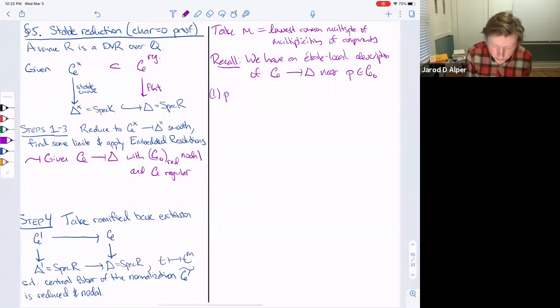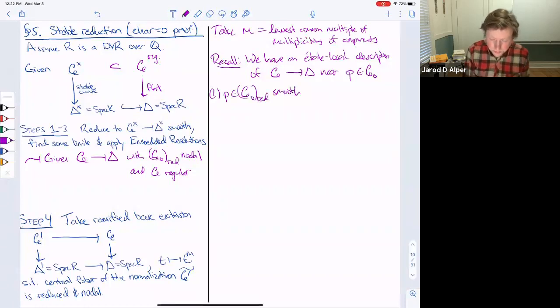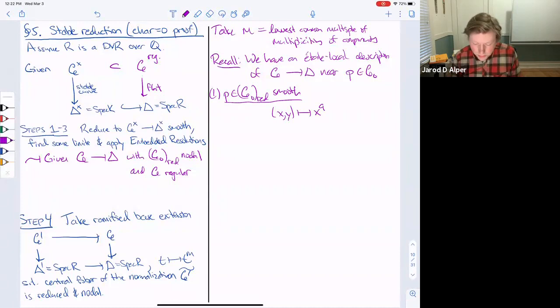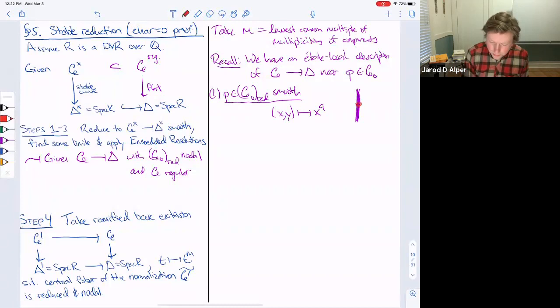If P in the reduced central fiber is a smooth point, then this map looks like x to the y goes to x to the a. So in this case, the central fiber looks smooth, but it's thickened. So your point is here, and you have multiplicity a.